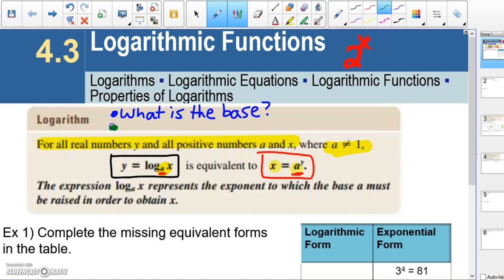And then the other thing that I want to think about, I guess it's not a question, but the answer to a log is the exponent.